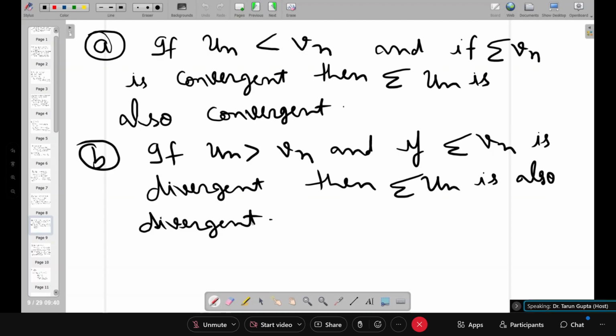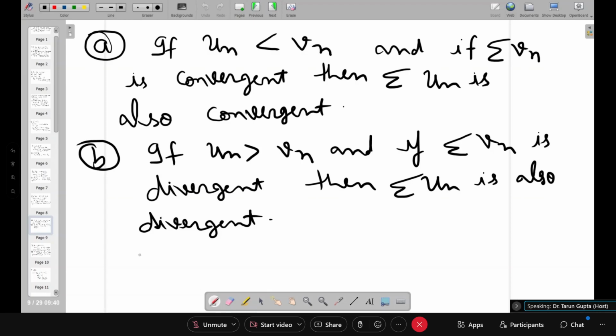But if the case is un greater than vn and vn is convergent, then you cannot say that summation un is convergent or divergent. About un you cannot say.